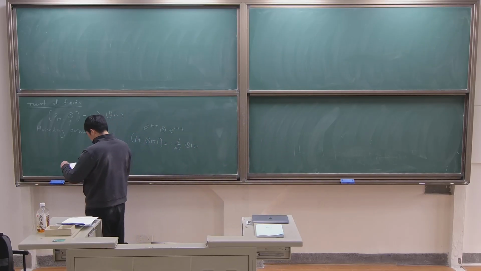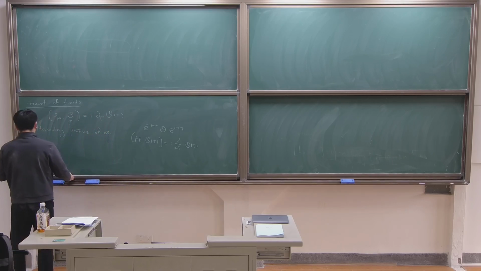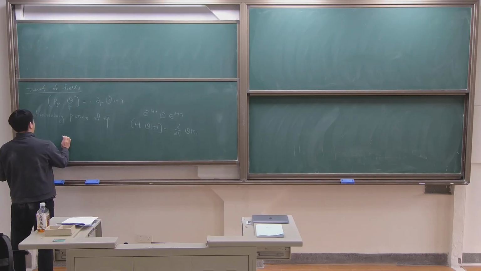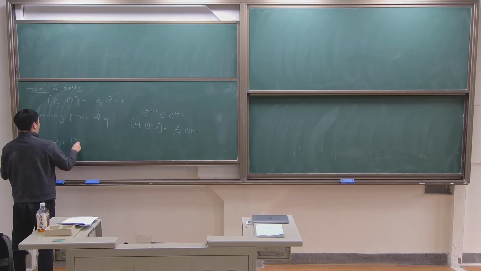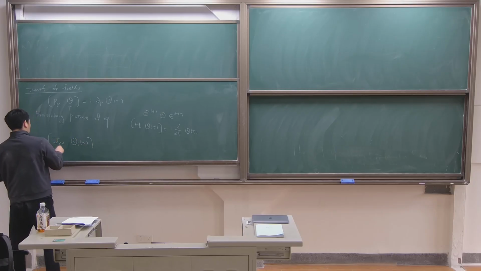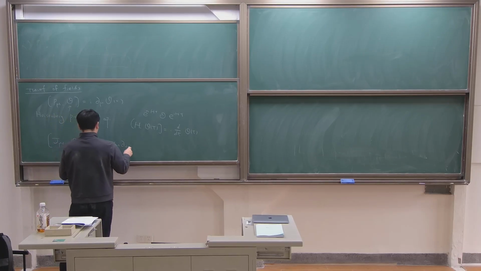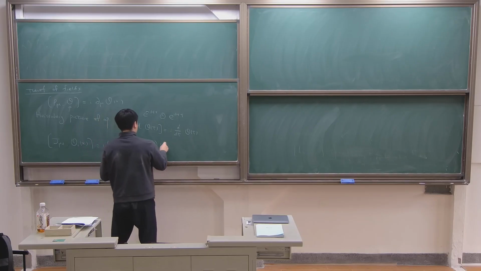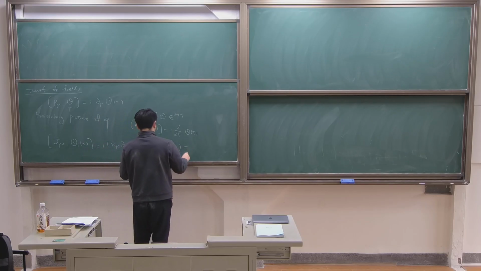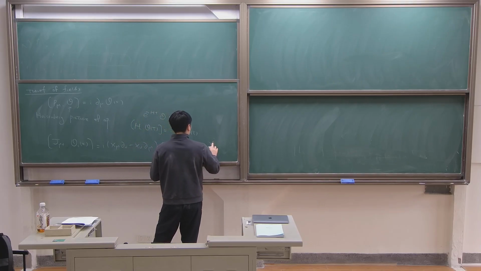What I wanted to explain is that J mu acts on O_I of x as x mu O_I of x minus i S mu nu J_I O_I of x.